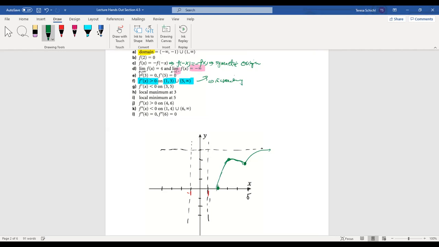We also have a vertical asymptote, and passing through 2, so this is my graph on this side.